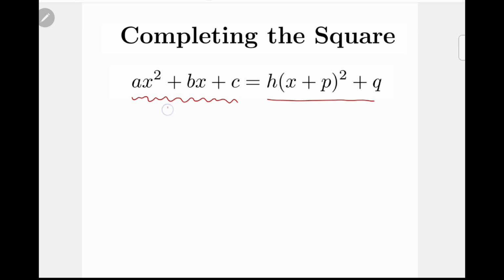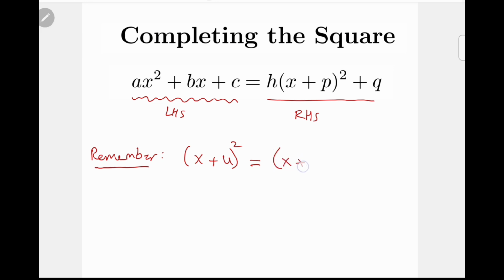So we will call this side the left-hand side of the equation, and we call this the right-hand side of the equation. Now, before we start, we need to remember that if I have this bracket x plus u squared, how do I expand this?